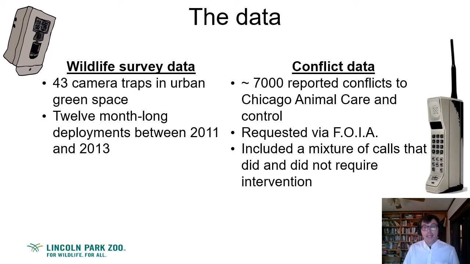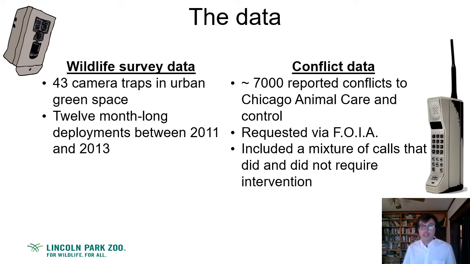The data in hand that we have for this project includes all of our camera trapping locations throughout the city of Chicago, so 43 of our roughly 110 cameras. And then we're using data from 12 month-long deployments between 2011 and 2013.